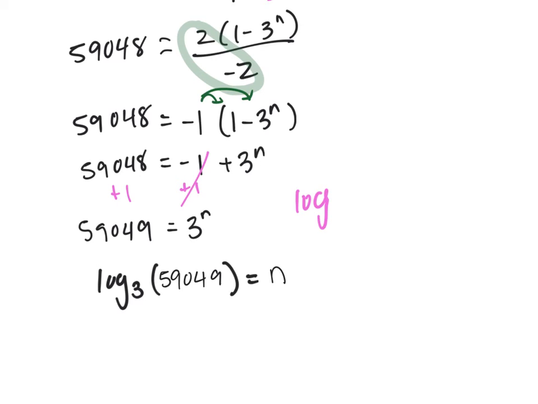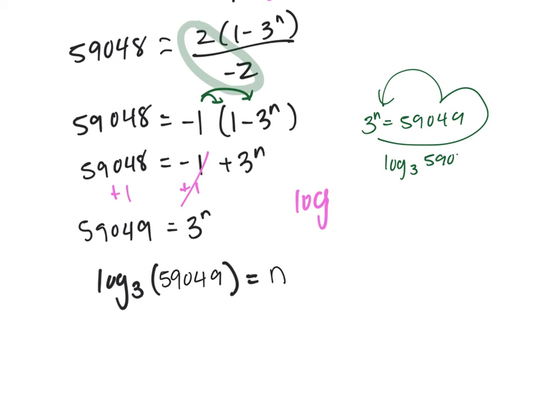Basically, you need to write this 3^n on the left-hand side. If you do your heart, you write this as log. Notice how it starts at the 3, goes to this number, and then it goes to equals n. And you would get the same thing that we wrote here.